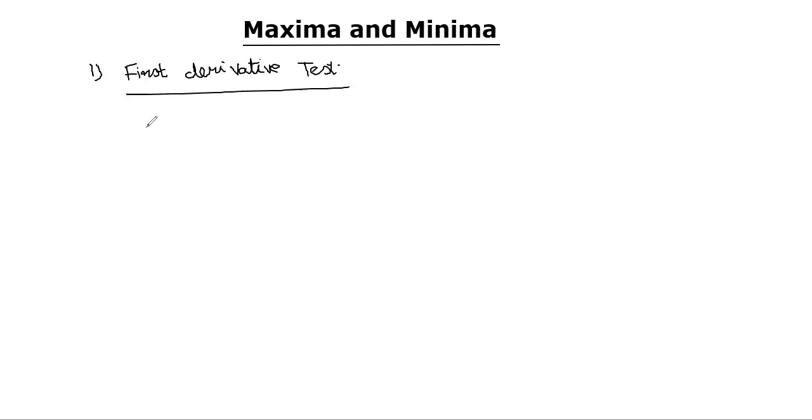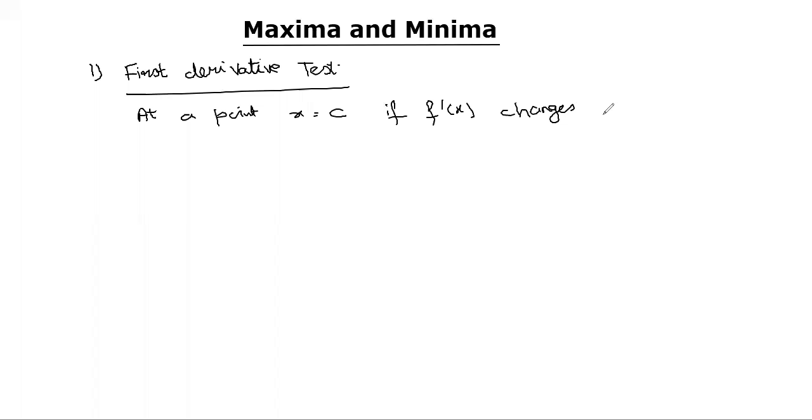This test says that at a point x equals c, if the derivative of the function changes its sign from positive to negative, it means that the function was first increasing up to point c and then starts decreasing.